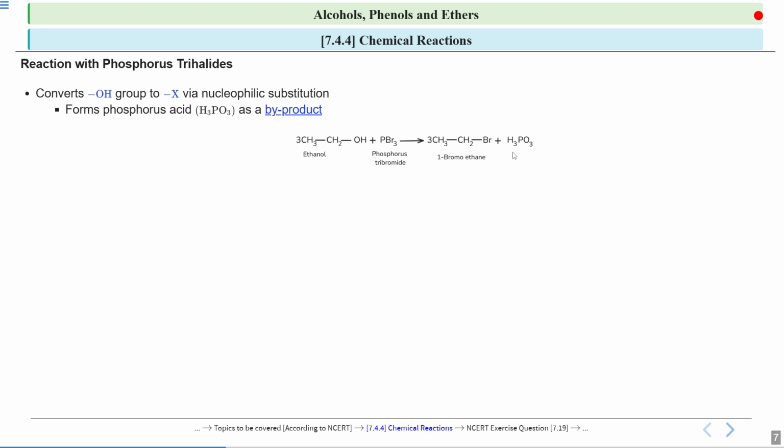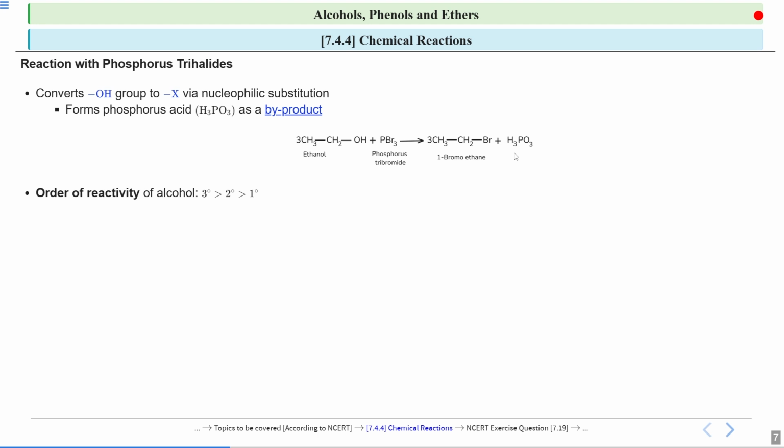And you can see here H3PO3, that is phosphorus acid, is formed as a byproduct. See, there is a 3 in front of ethanol, so 3 hydrogens, 3 oxygens and 1 P. So it will form H3PO3 as your byproduct.